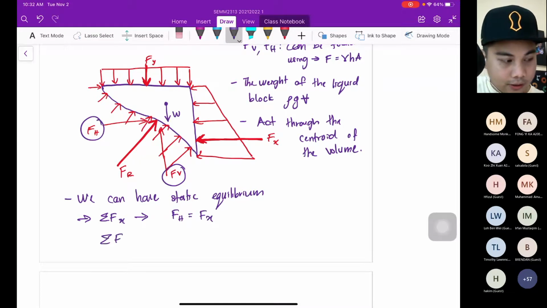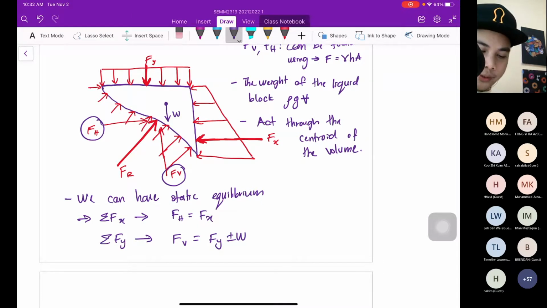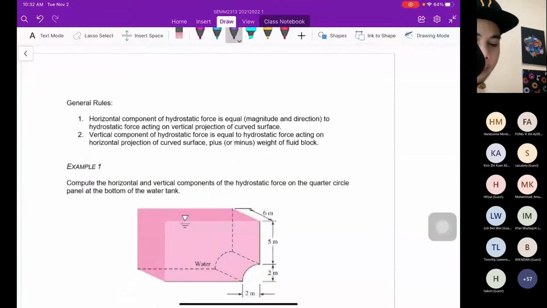And summation of force in y direction will be Fb equal to Fy plus or minus W. That means the weight here, in order to get the force in vertical direction, is Fy plus or minus W. You can see the case of minus because it is below the region. Okay, so this is the general rule.